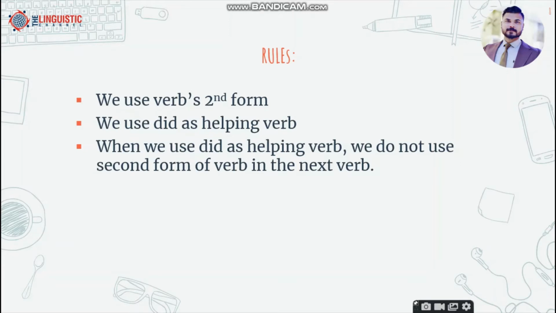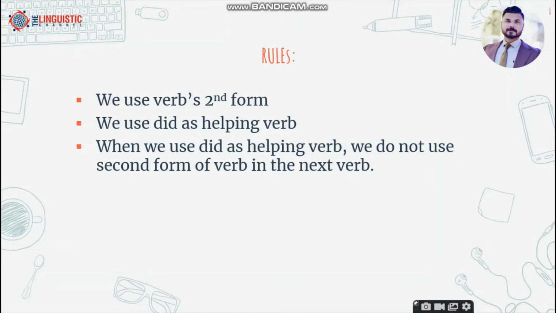So we use the second form of the verb when we form an affirmative sentence of past simple tense. अब second form verb की इस्तेमाल करते हैं, लेकिन जब हम did इस्तेमाल करते हैं in negative and interrogative, तो हम second verb के अंदर verb की first form use करते हैं. जैसे कि आपने देखा in present simple tense, जब हमने do के साथ es लगाया, तो हमने next verb के अंदर से s, es और ies का addition हटा दिया.